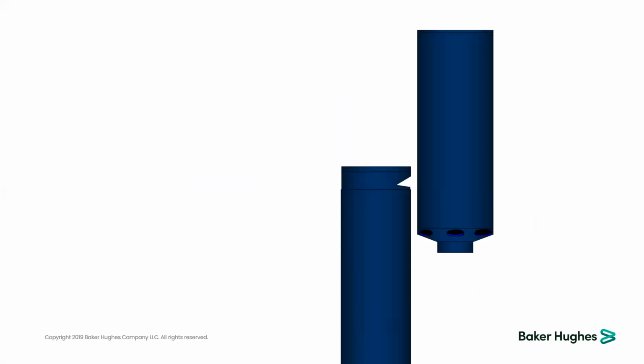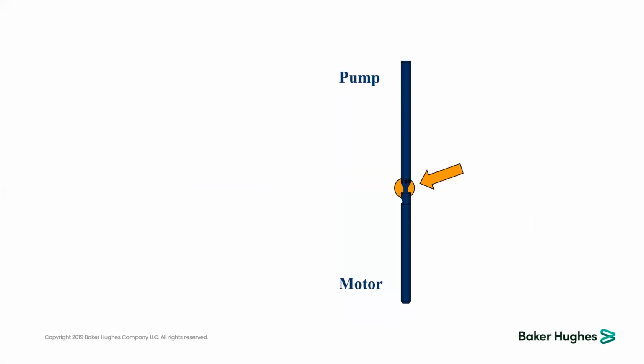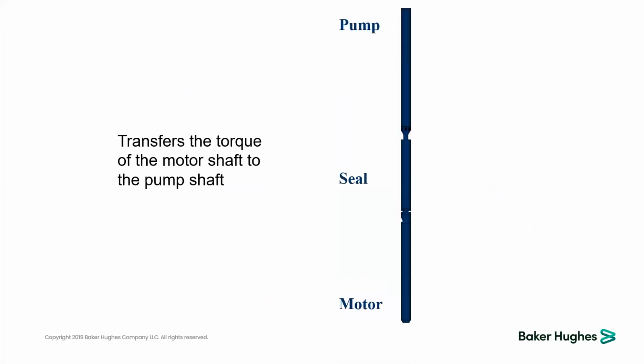We would have the pump on the top and the motor on the bottom, and we need to connect them directly without any other parts in between. So here, the function of the seal is to transfer the torque of the motor shaft to the pump shaft. So this is the first one, to transfer the torque of the motor shaft to the pump shaft.